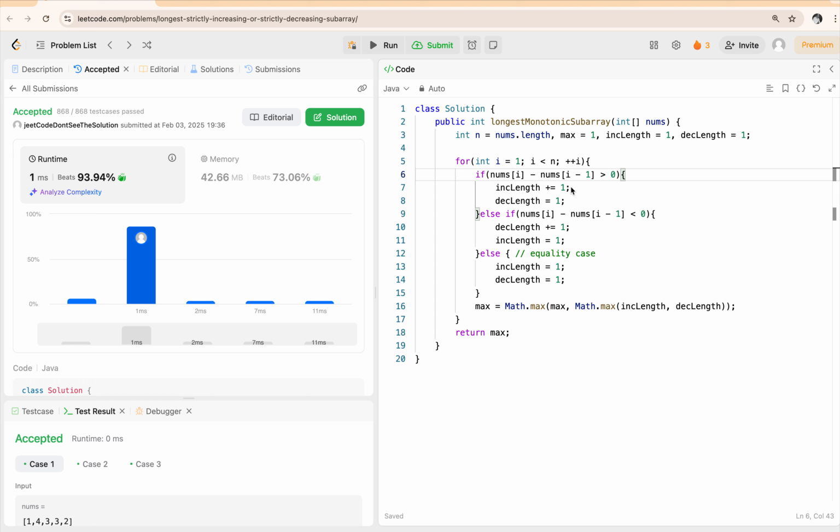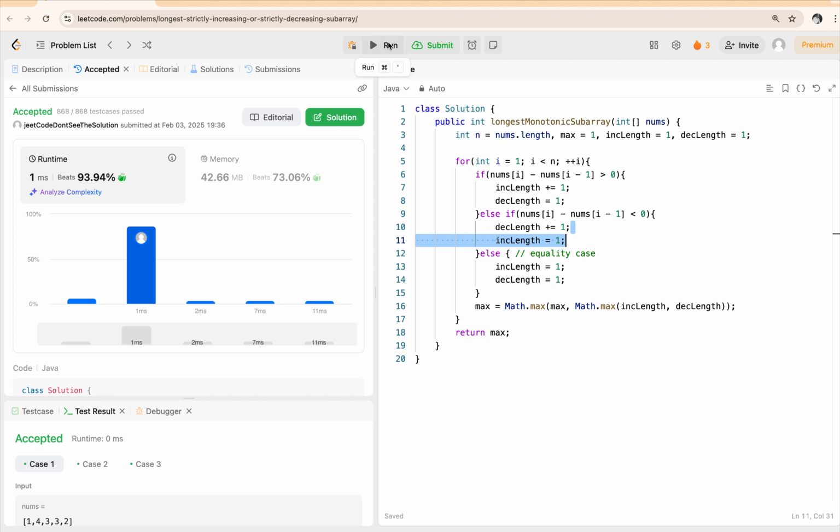Irrespective of what happened previous to this current adjacent pair, we are just incrementing this length, or the other length, adjusting the other one to be the unit value. You can see that we are doing the same thing. These are opposing conditions, so we are incrementing inc length in the first case and incrementing the decreasing length in the second case, but the logic is the same. And at the end, we are just checking this max.